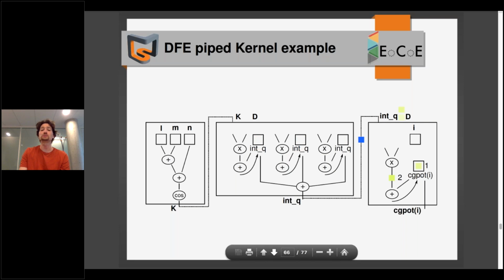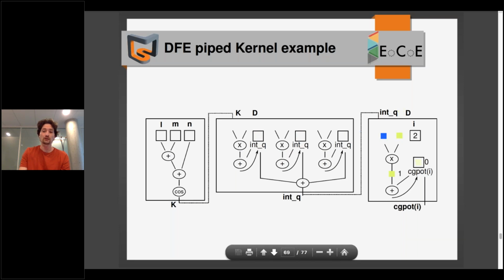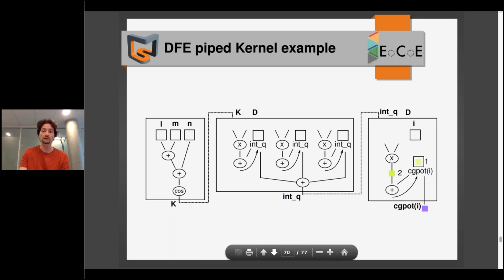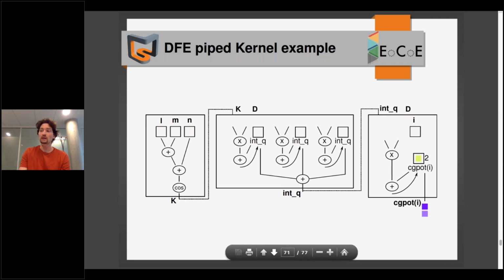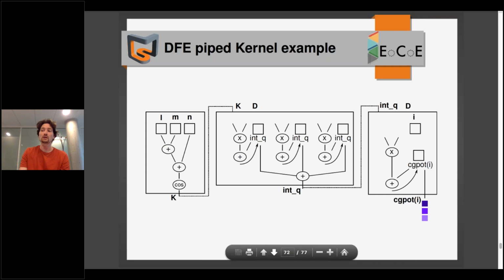That's my last integral of Q, and I finish the last execution of the last kernel. My CG pot is ready, has a good value inside the memory of the FPGA and can go back to memory here. All right, I hope you get the concept.